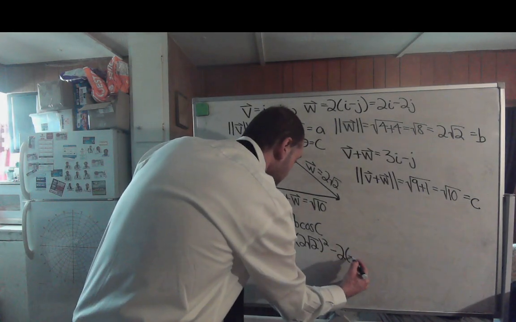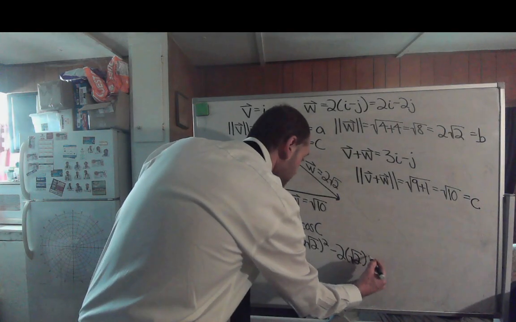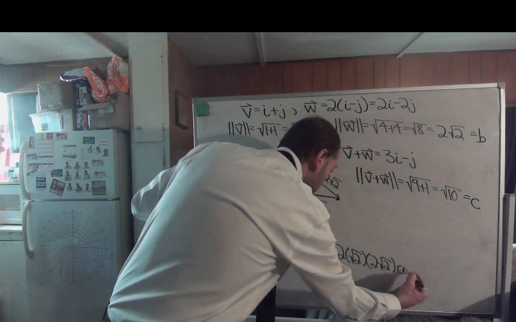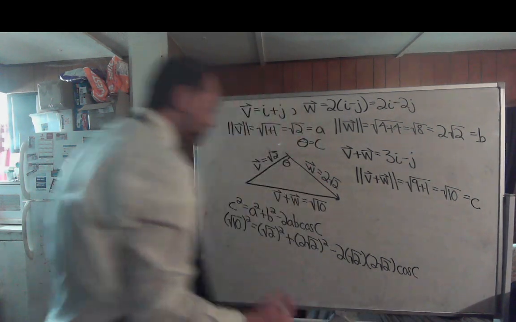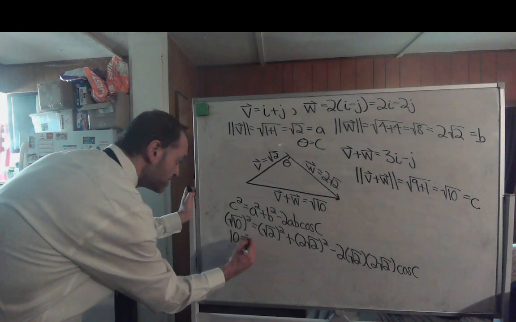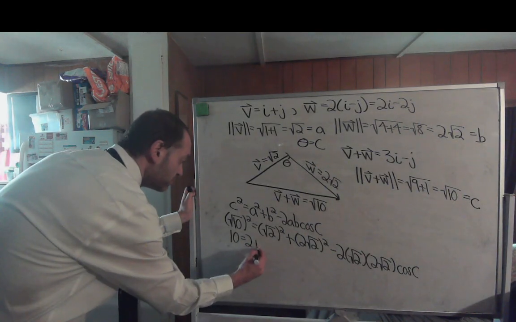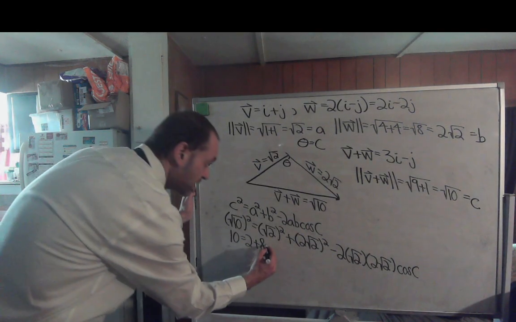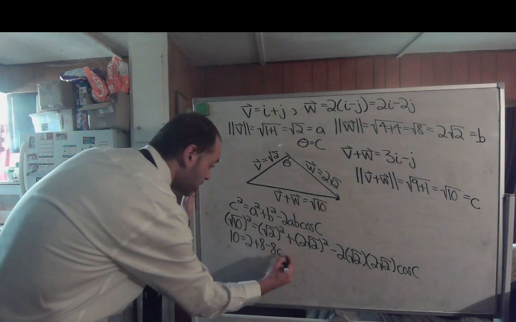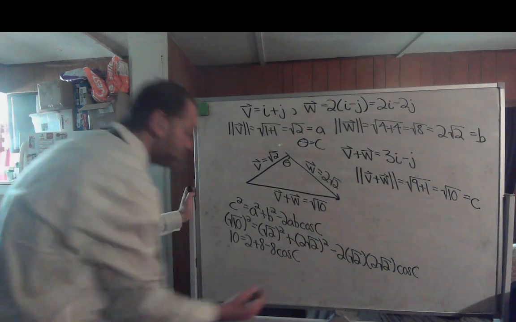Minus 2 times the square root of 2 times 2 times the square root of 2 times the cosine of C. So that means 10 is going to equal 2 plus 8 minus 8 cosine of C.